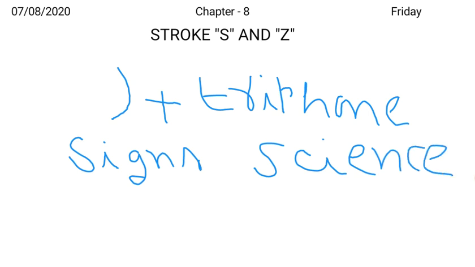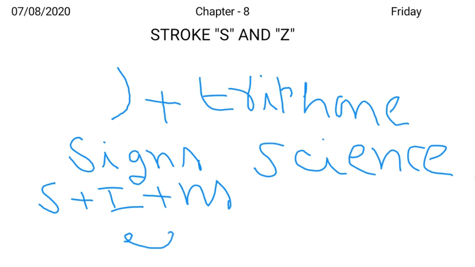In signs, the sound is S plus I plus NS. Here S is there initially, but it is only followed by a diphthong. So here you can make use of the short form of S. You can write a circle in a circle.